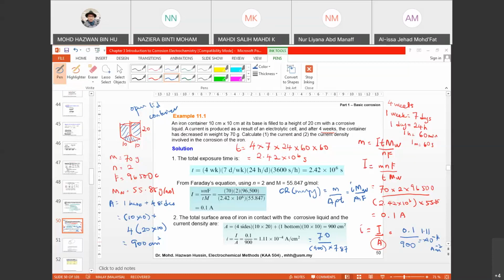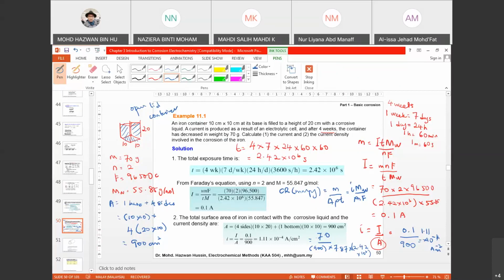Yes, I got 4.142 times 10 power of minus 9. Yeah, the same thing? Doctor, 70 multiplied by 1.11 multiplied by 10 to the power minus 4 over 900, over 2.42 multiplied by 10 to the power 6, yeah?